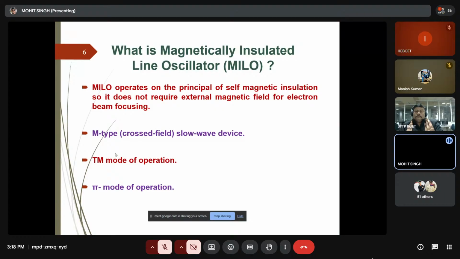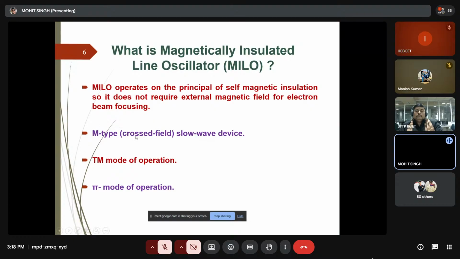The kinetic energy of the electron beam interacts with the fundamental mode of the slow wave structure, and within that interaction, the energy of the electron beam is transferred to the RF wave, and that wave propagates carrying high power. I will discuss how this self magnetic insulation occurs.